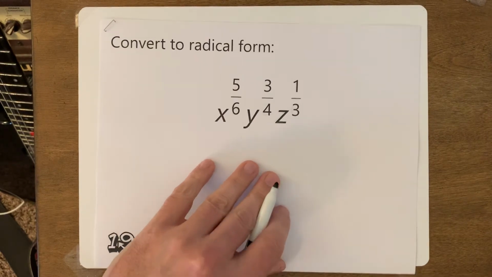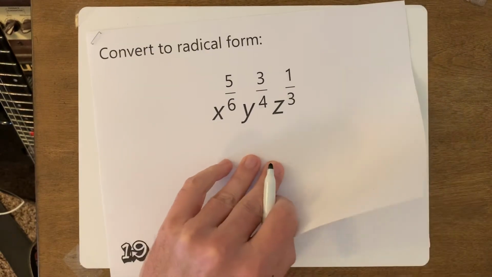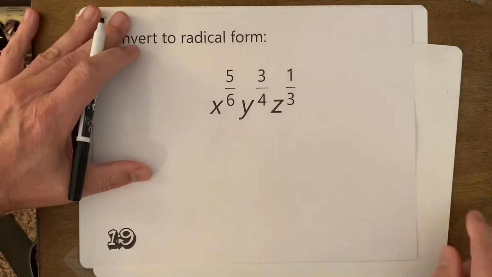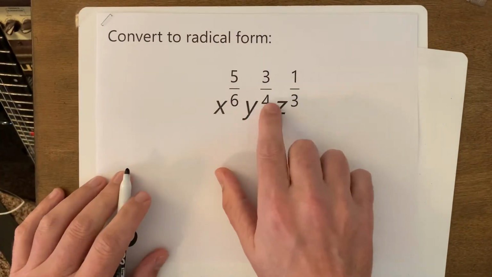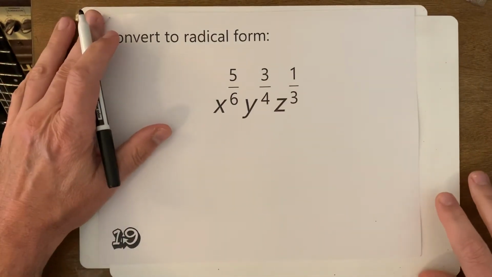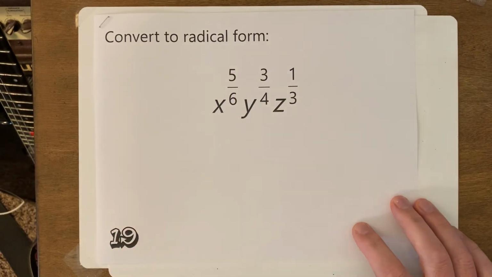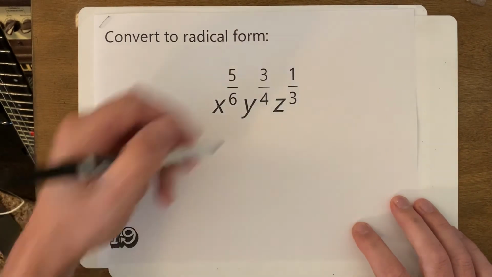Okay, last 2. So let's take a look at this one. Okay, so here I have a 6, a 4, and a 3. So I'm going to have to fix up these 3 fractions so that I get a common denominator. So what's the least common multiple of 6, 4, and 3? To me, that would be 12, right?